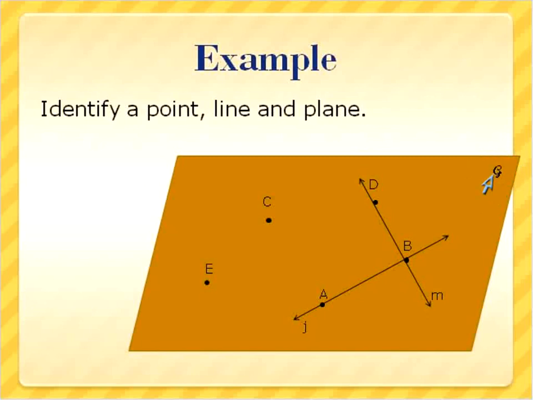So this is plane G, or you could call it plane DCE, EAC, any of these letters that are capitals, because we use points to identify a plane. And our lines are there and there, and there are all of our points. So inside of this one example we can see all of those parts: lines, planes, and points.